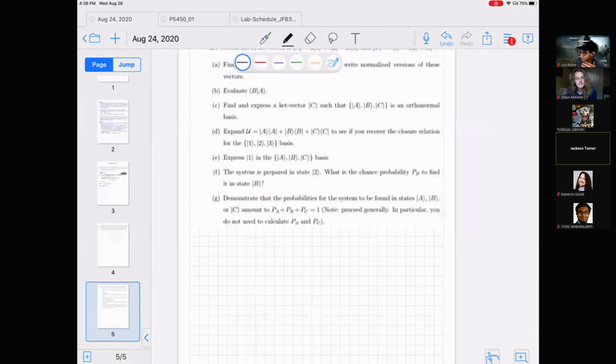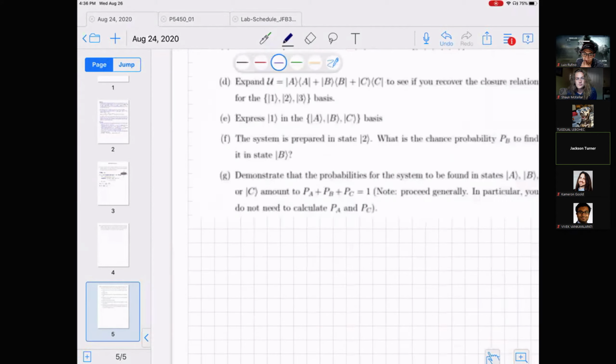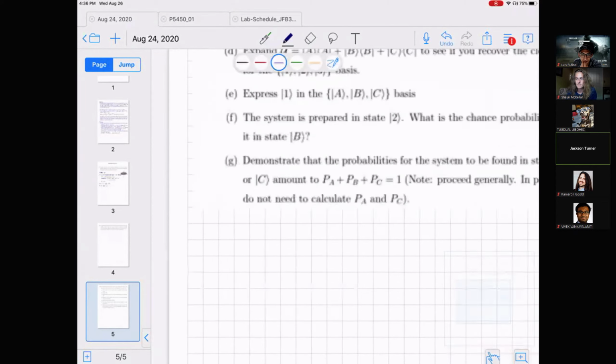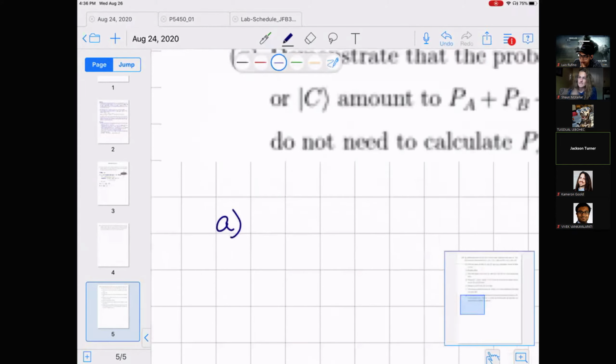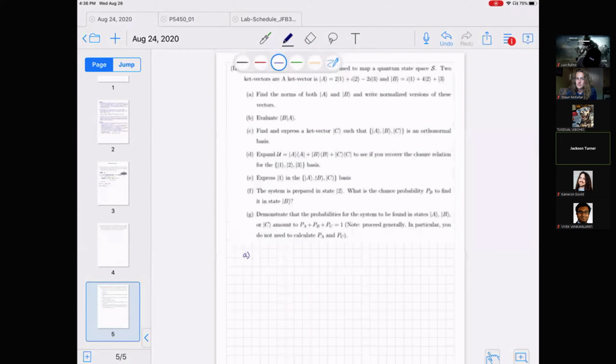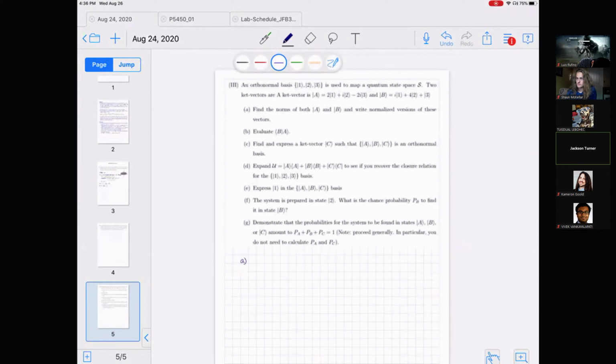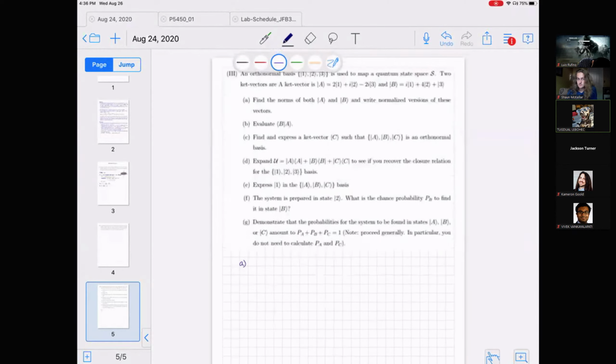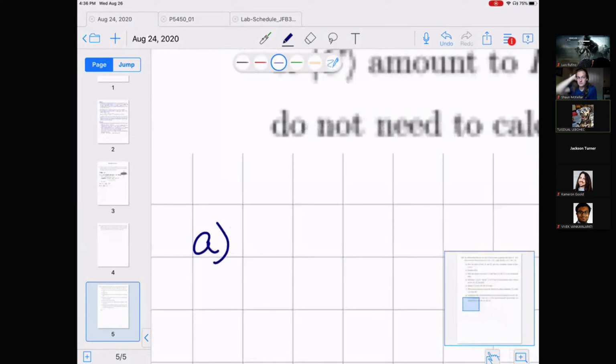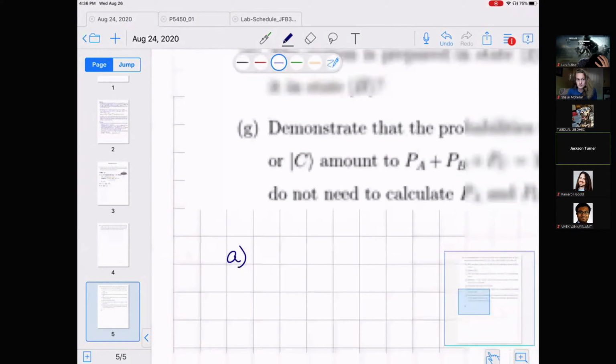Is the norm in this space just going to be the square root of the sum of the squares, just like it would be for a vector in Euclidean space? Okay, let's do that. So tell me what to write. Was the first question the norm? Yeah.